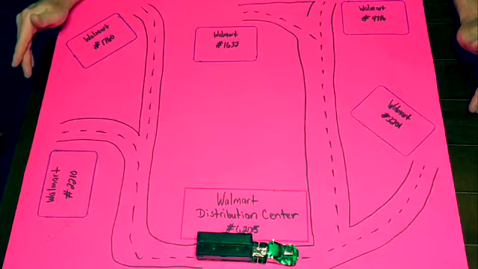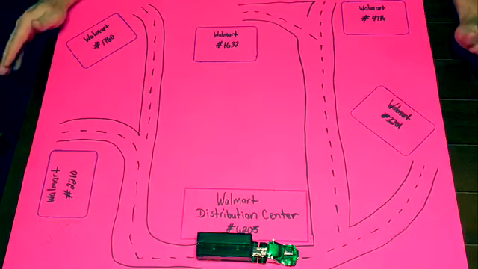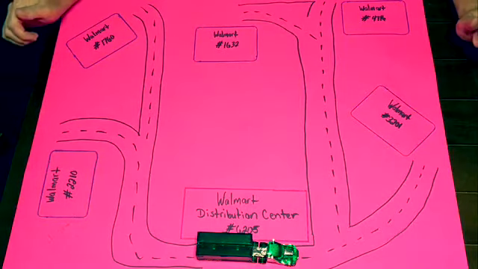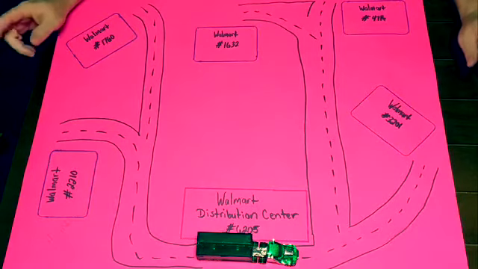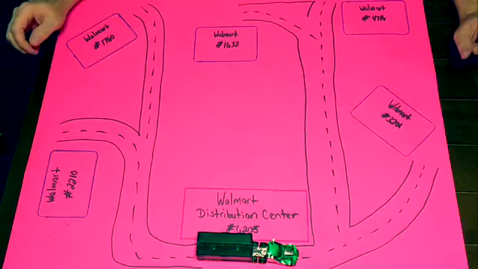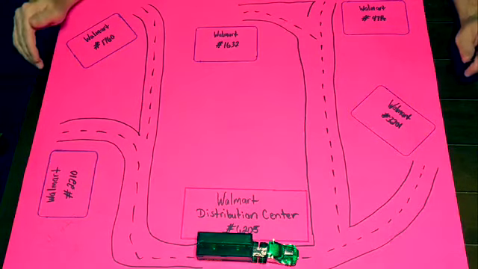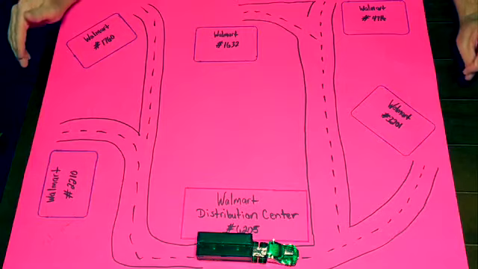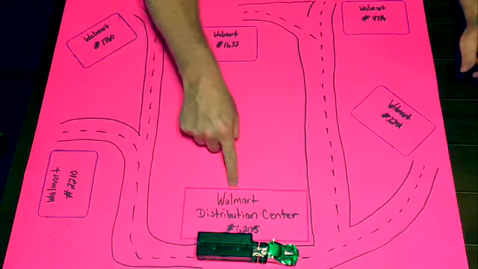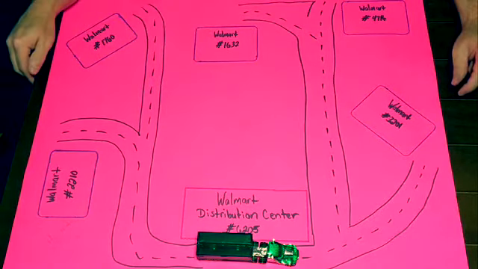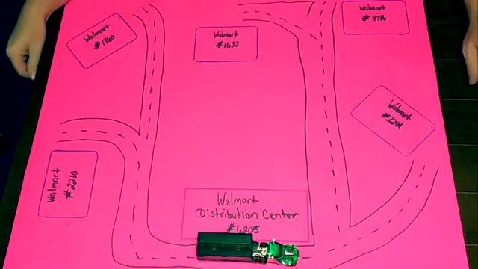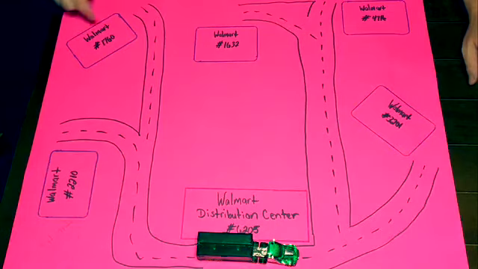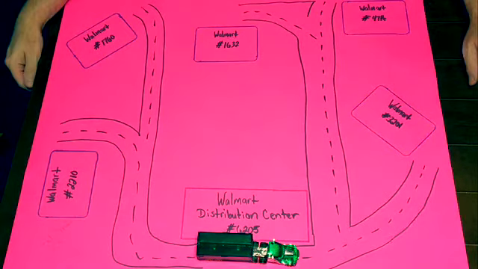The products are brought to the Walmart distribution center, and then from there, they are redistributed to all the stores in a specific area. In this case, this distribution center is responsible for delivering to 5 different stores in this area. So all of these 5 stores will be getting products from this one particular distribution center.